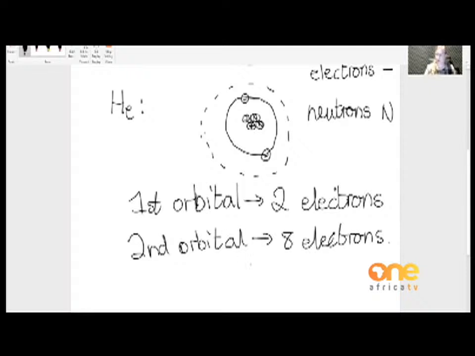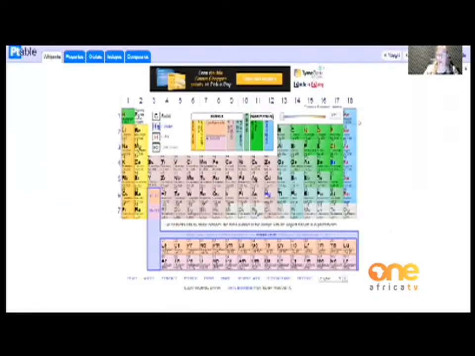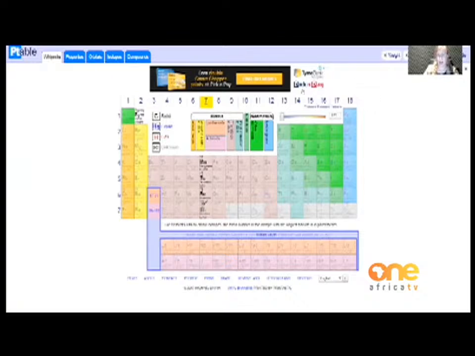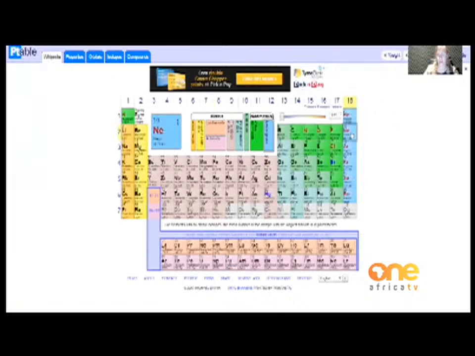So when our second orbital is full, that means we've got a grand total of 10 electrons in our atom. So if we go look at our periodic table, we can see the one just below helium is neon, and neon has 10 electrons in its atom over there.